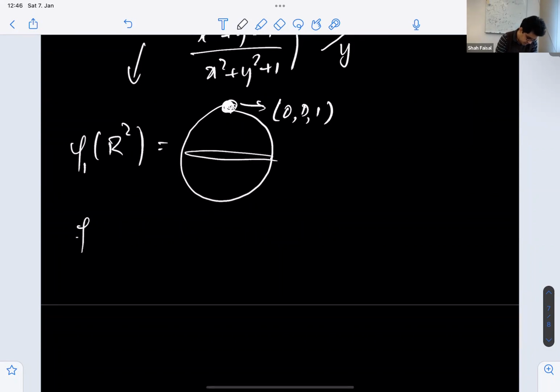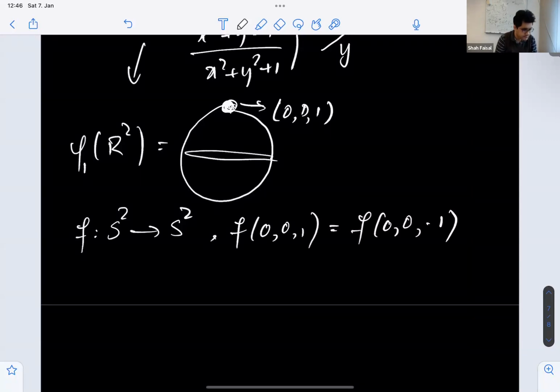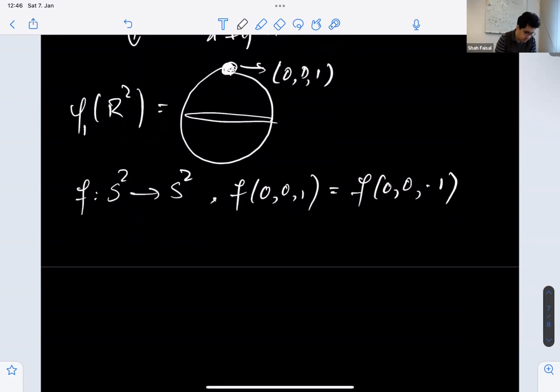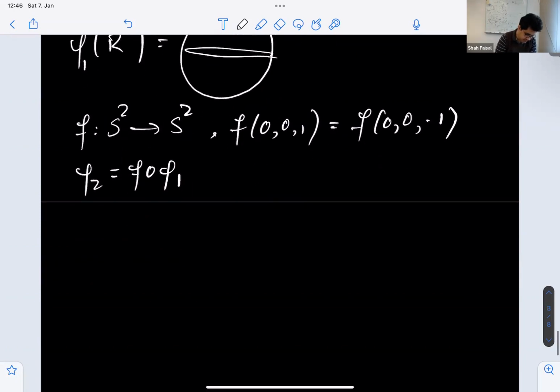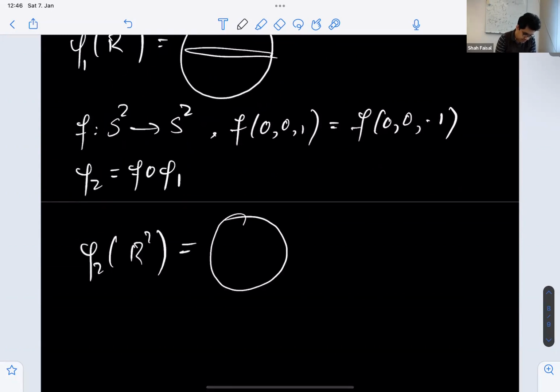So what I do is I choose a function F from S2 to S2 that rotates the sphere and maps this missing point to the other point, 0, 0, -1. And I take another chart or another function, which is basically the above function, and then you rotate it with F. So now the image of pi 2 would be the whole sphere, but just this point missing.